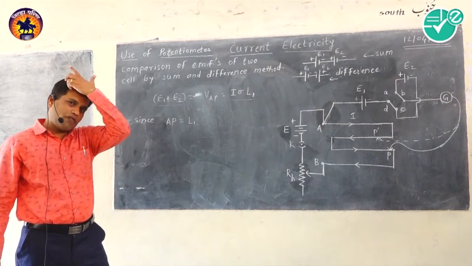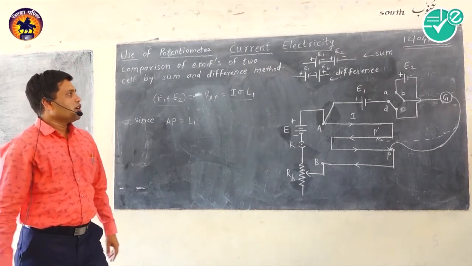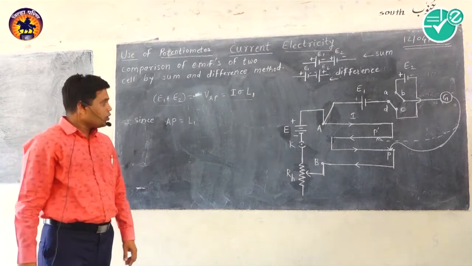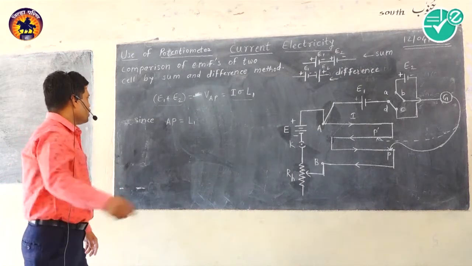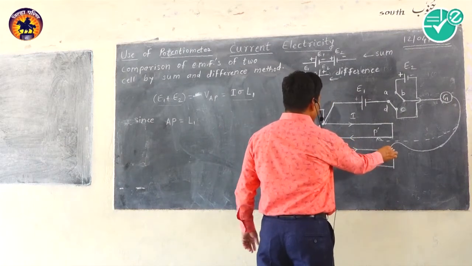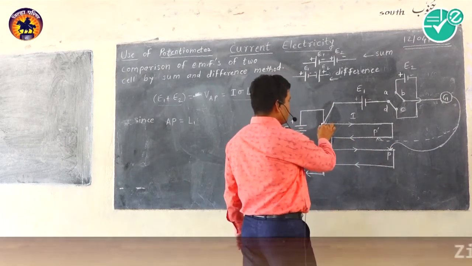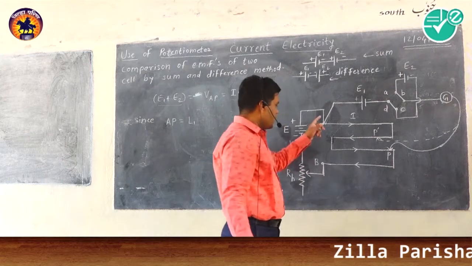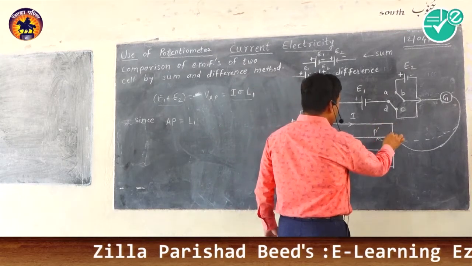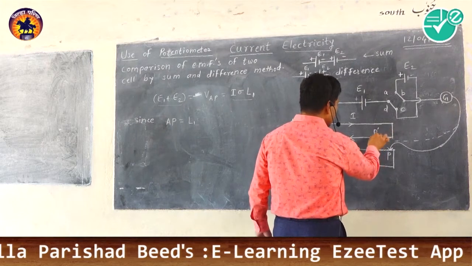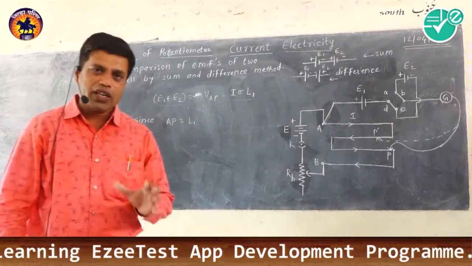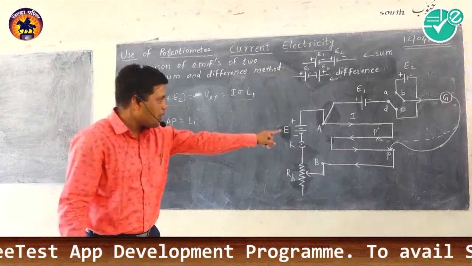So in this case also you have to find the null point. Once again we repeat the same procedure as discussed before. Suppose you start tapping the jockey from point A towards point B, and at a certain point P dash you find that the cells connected in difference method are balanced.